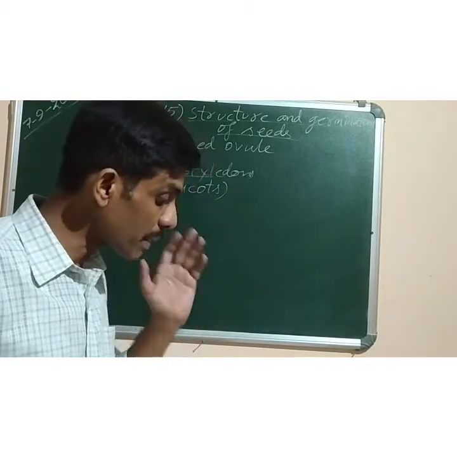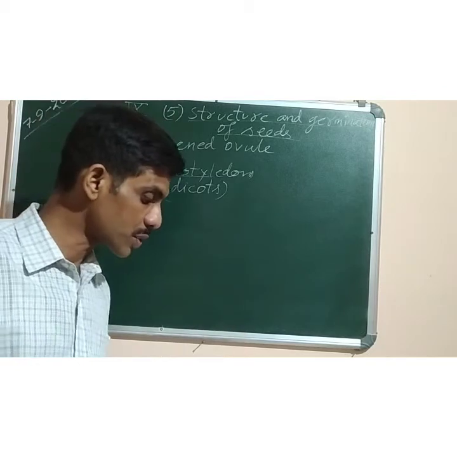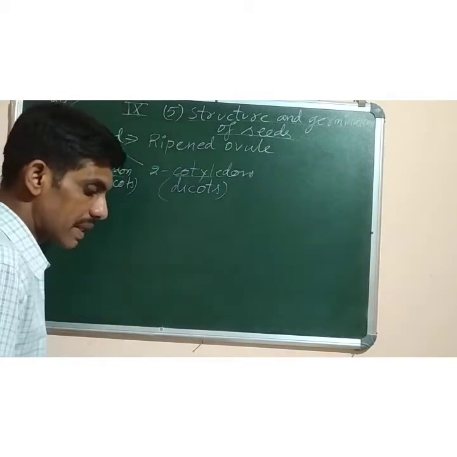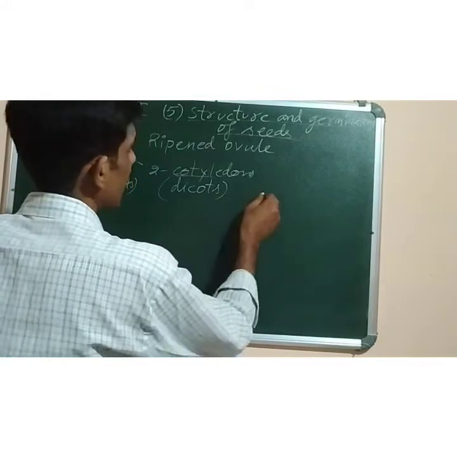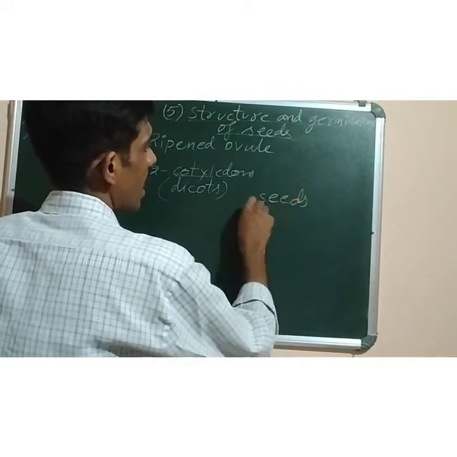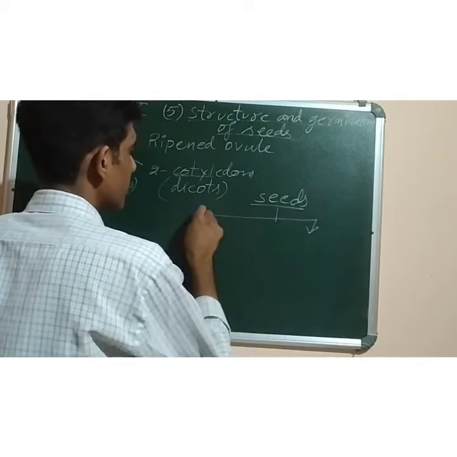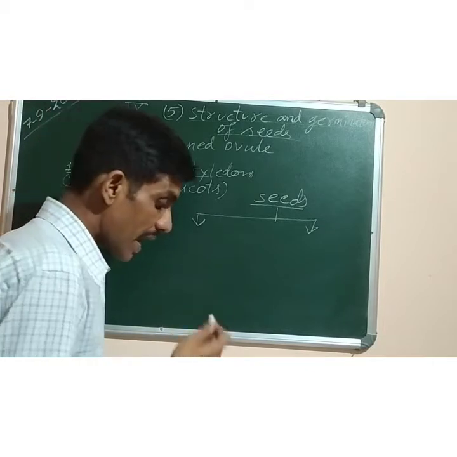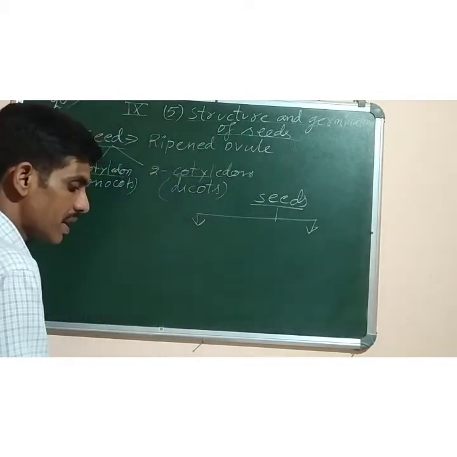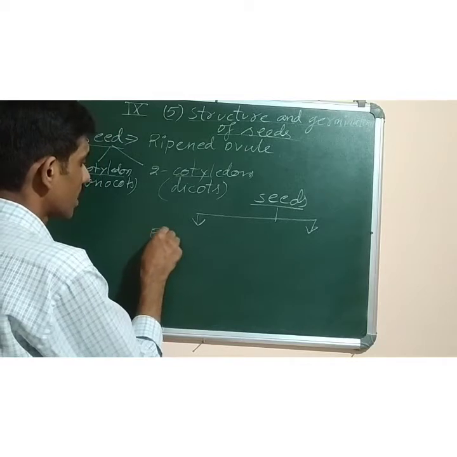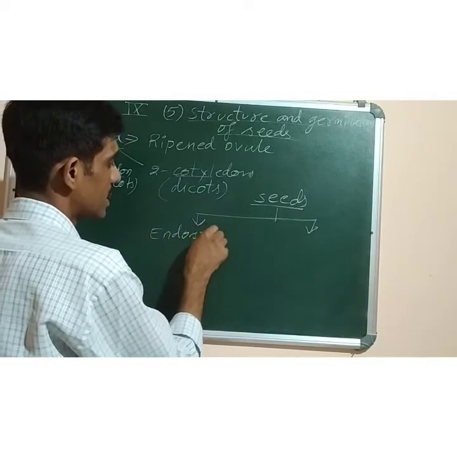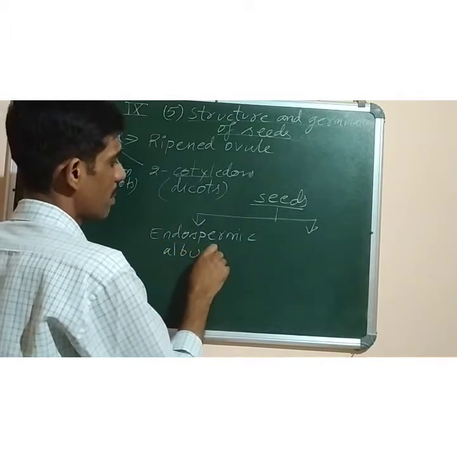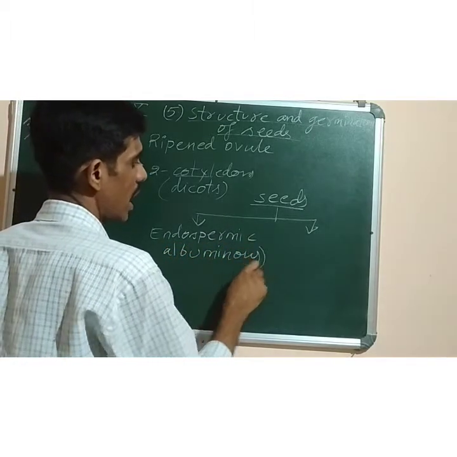Now depending on the presence or absence of endosperm, the seeds are divided into two types. Seeds that contain endosperm are called endospermic seeds, or albuminous seeds.